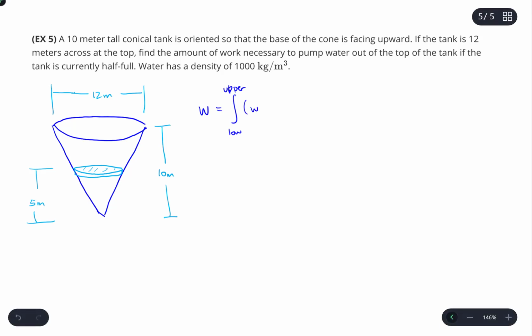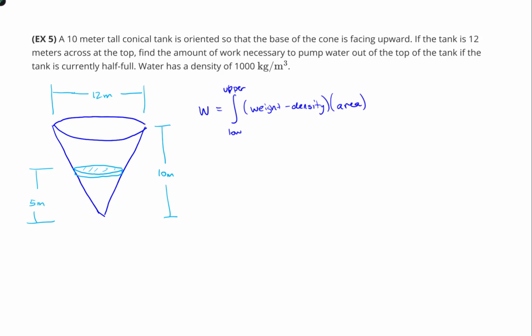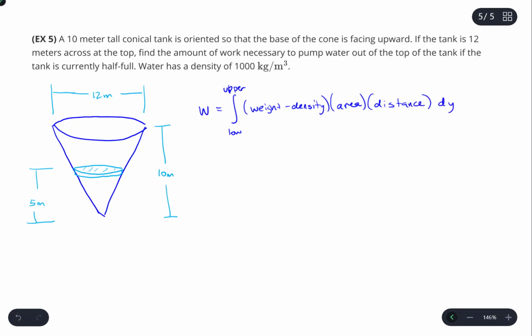And then we're going to take its weight density, multiply that by an area of a cross-sectional plane of the fluid at the top, and then that's going to be multiplied by the distance that that plane or slab has to travel in order to exit. And of course, we're orienting dy here.